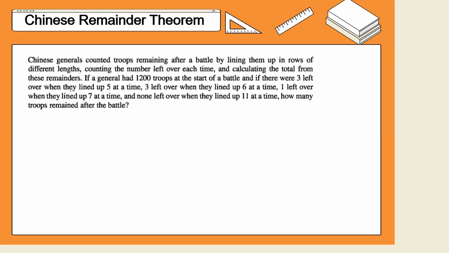Please read this: Chinese generals counted troops remaining after a battle by lining them up in rows of different lengths, counting the number left over each time, and calculating the total from these remainders. So when they have a number of troops, and they line up 5 at a time, the leftover is something, and when they line up 6 at a time, the leftover is 7, and you are trying to guess how many Chinese people are in the troops. That's why it's called the Chinese remainder theorem.